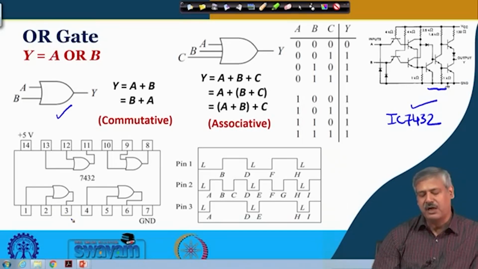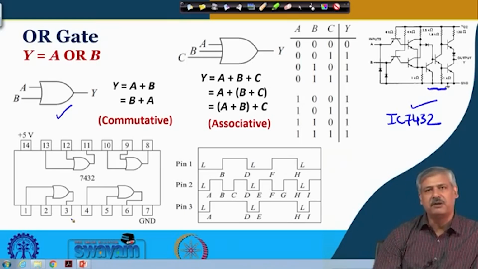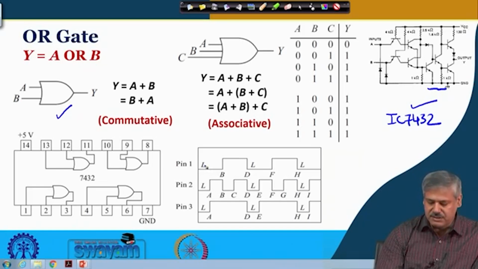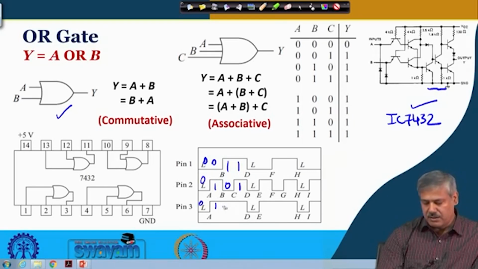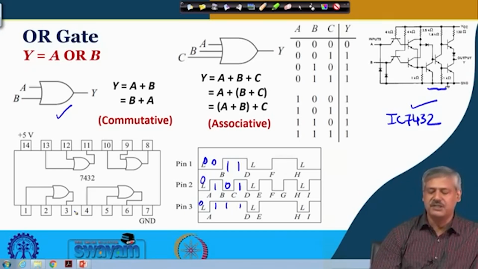If we look at the 4 possible combinations at the input, you have 0 0 here, 0 1 here, 1 0 here and 1 1 here. For OR logic, the output is 1 when any of the input is 1. That is what OR logic is.